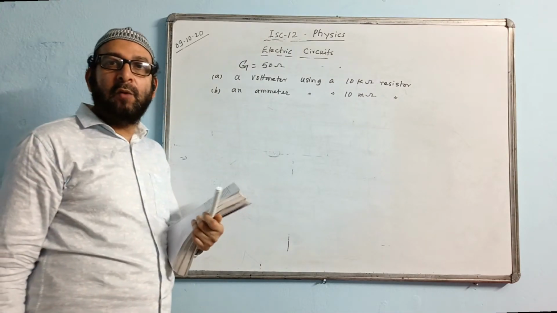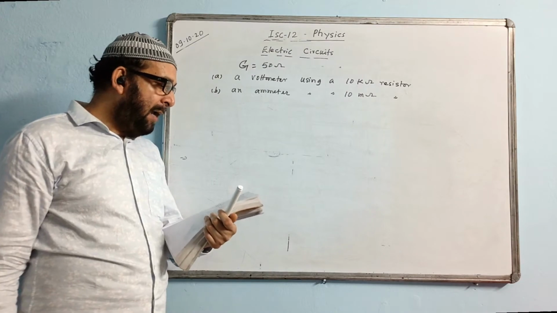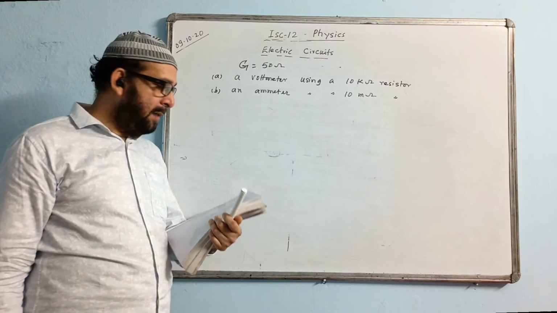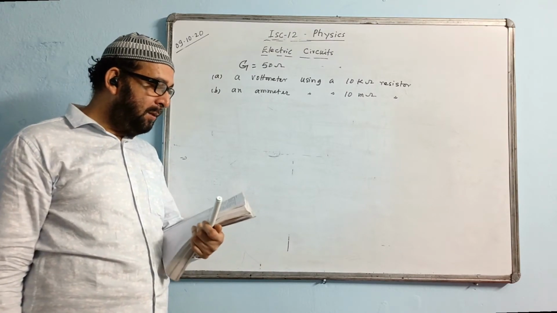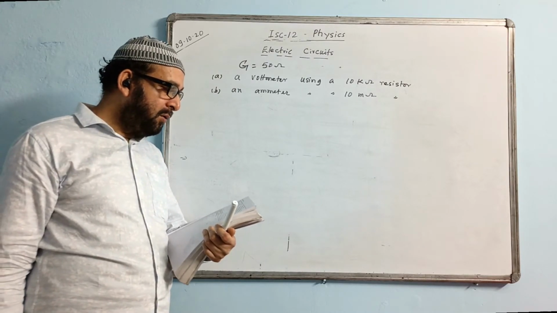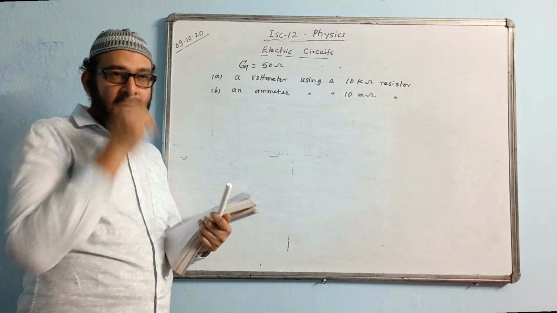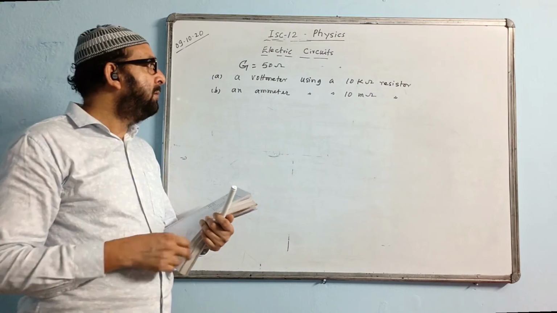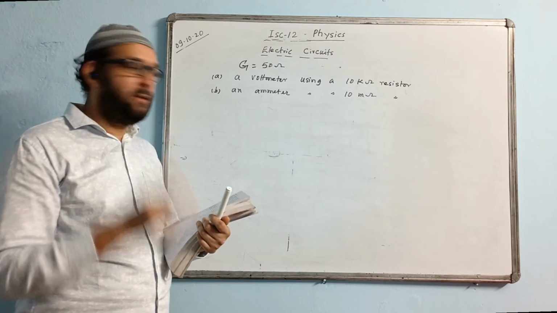Calculate the resistance of the voltmeter and the ammeter to an accuracy of two significant figures. You have to find your answer in two significant figures.